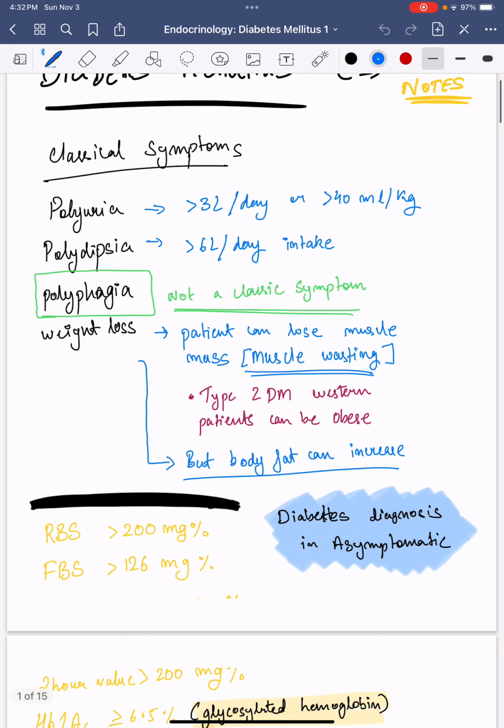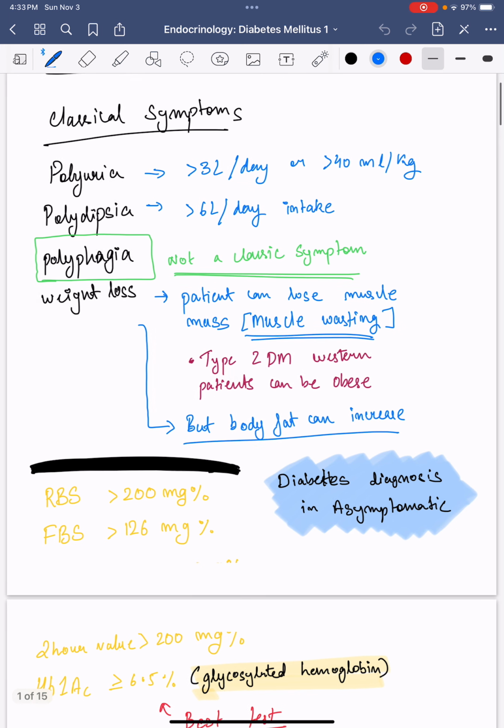So, what are the clinical symptoms of diabetes mellitus? The symptoms are polyuria, polydipsia, polyphagia, and weight loss. Polyuria means more than 3 liters per day of urine or more than 40 ml per kg.